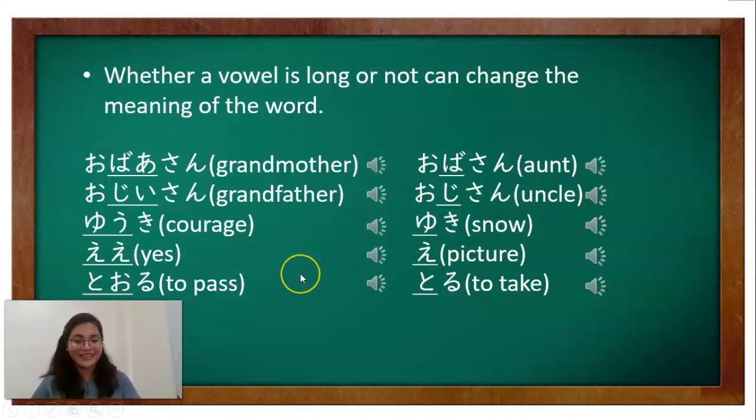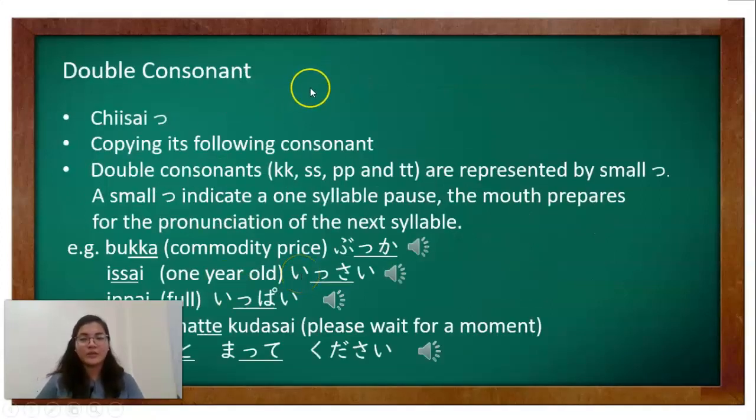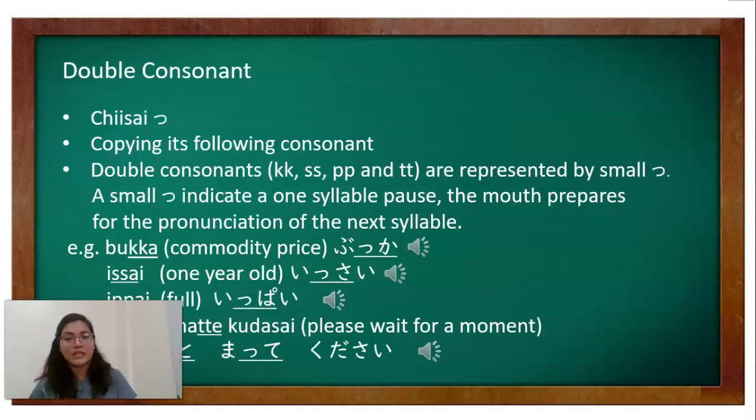Okay, so now let's proceed to the double consonant. Double consonant is represented by chiisai tsu. As I said, chiisai means small, and tsu is the hiragana character tsu. This is called chiisai tsu. It copies the following consonant.